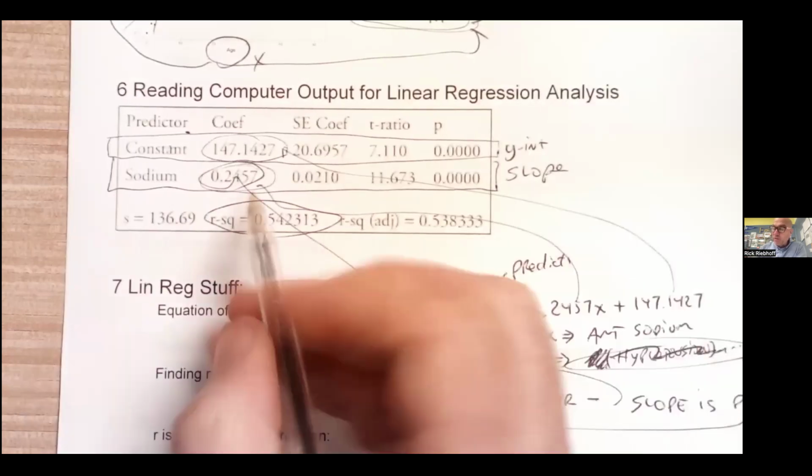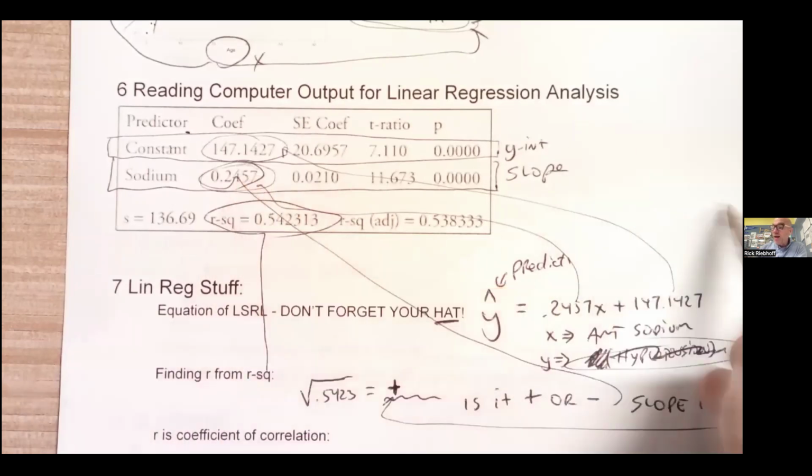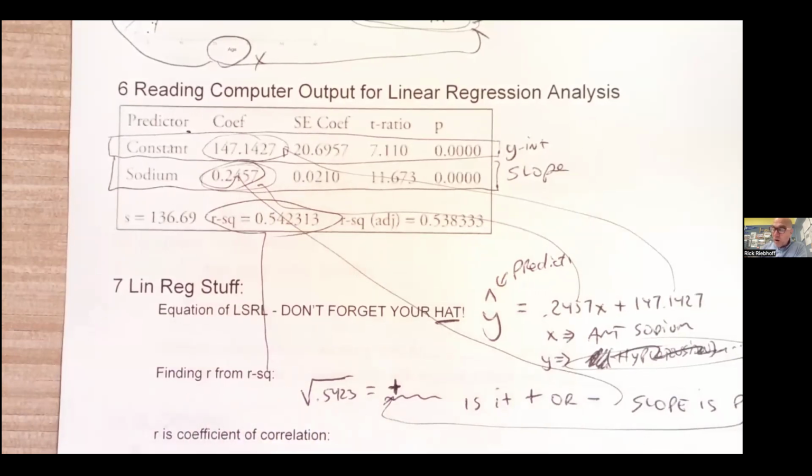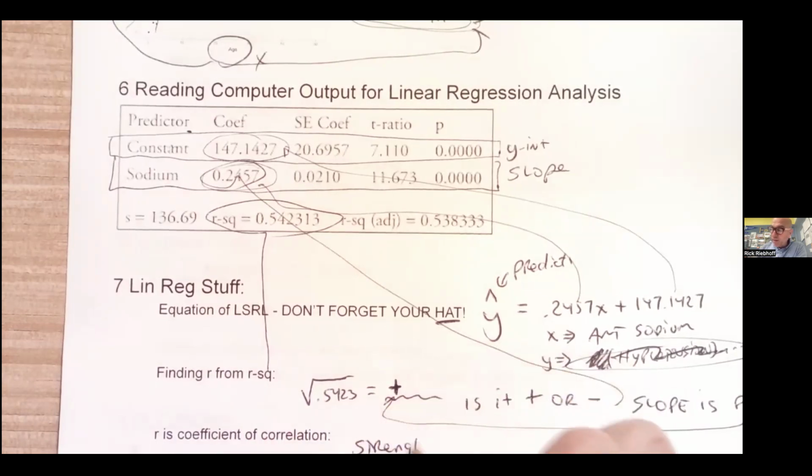Okay. If our slope was negative or we saw a graph and it was going down as we went from left to right, we would change it. Remember, R squared will always be positive. R can be positive or negative. R is the coefficient of correlation. It tells us strength and it tells us direction. It doesn't necessarily tell us if it's a linear relationship or not, so we don't say that R tells us that it's a strong linear relationship.